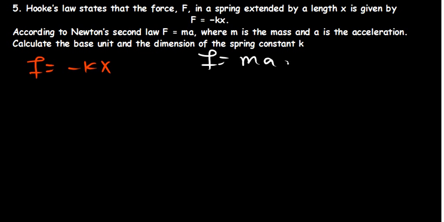What are base units? Base units are units which you cannot break down into other units. I can give an example: Newton is not a basic unit, it's a derived one, because Newton comes as a result of mass and acceleration. So this is a basic one.